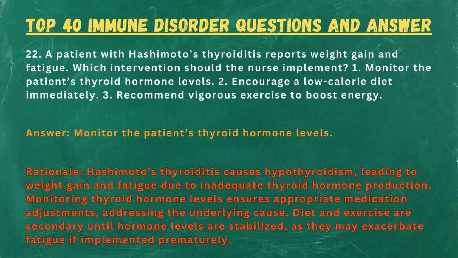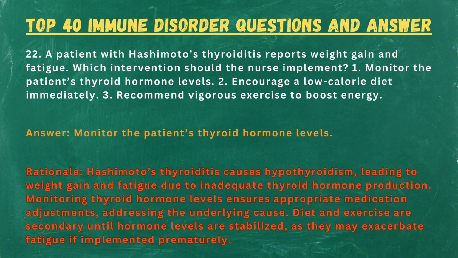22. A patient with Hashimoto's thyroiditis reports weight gain and fatigue. Which intervention should the nurse implement? 1. Monitor the patient's thyroid hormone levels. 2. Encourage a low-calorie diet immediately. 3. Recommend vigorous exercise to boost energy. Answer: monitor the patient's thyroid hormone levels.